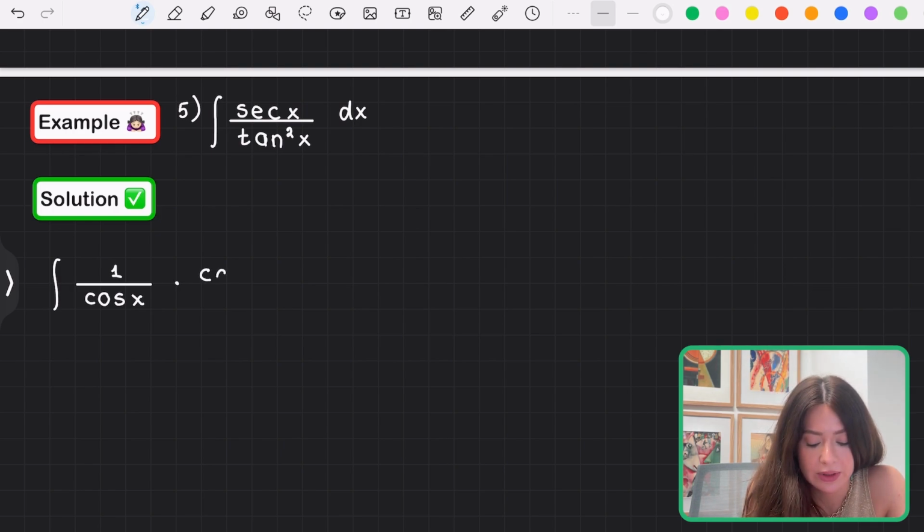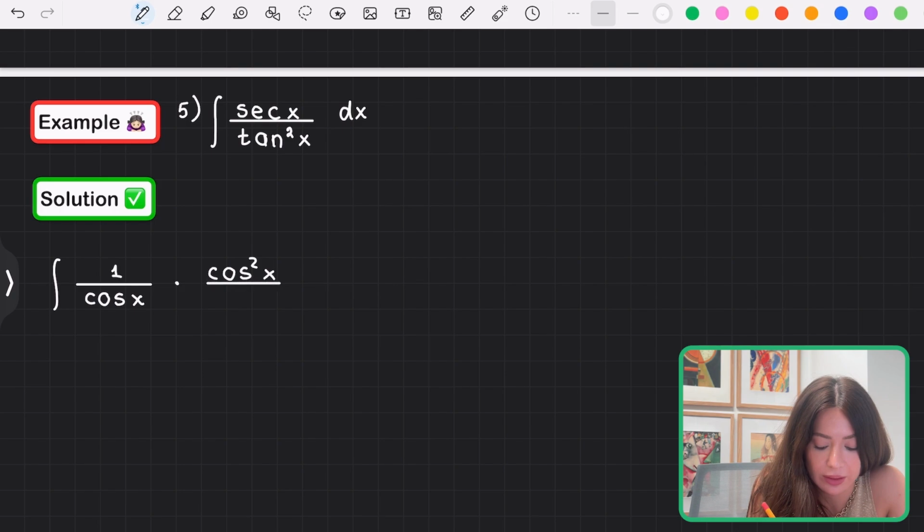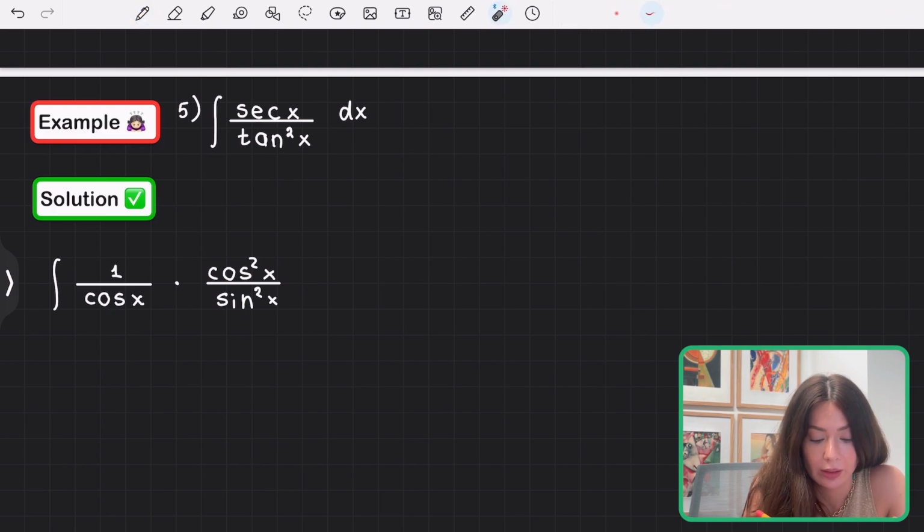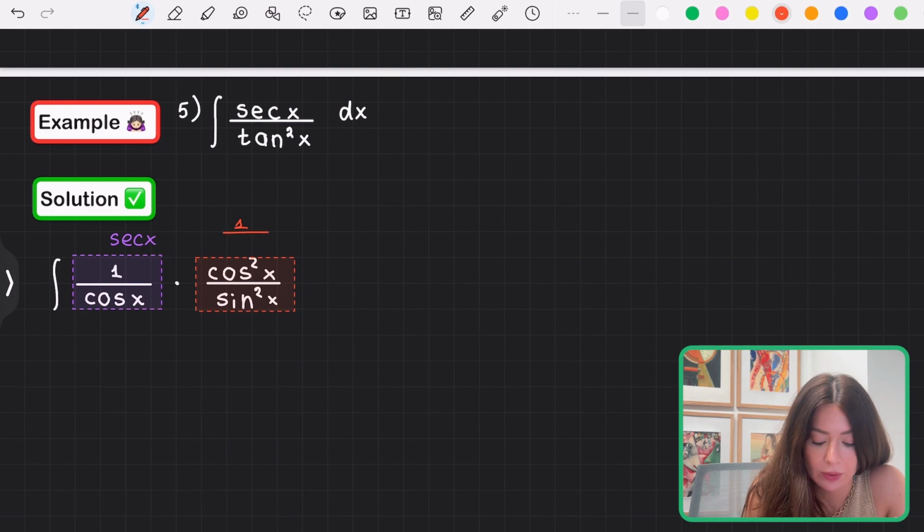So I can write cotangent squared x here, or I can write cosine squared x over sine squared x, which is cotangent squared. This is secant x. And this is 1 over.